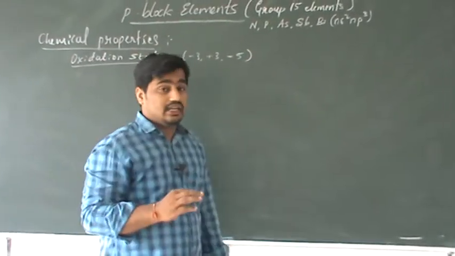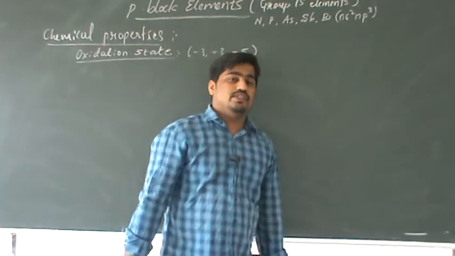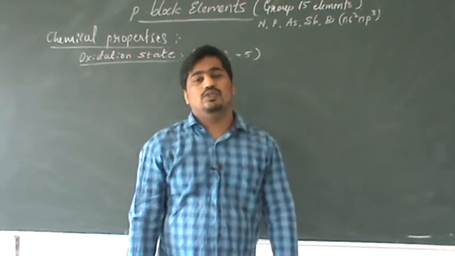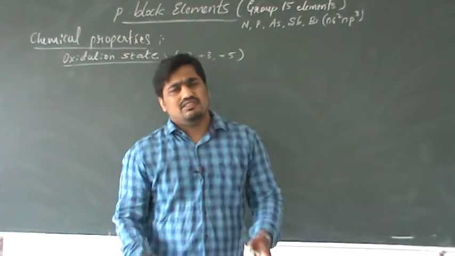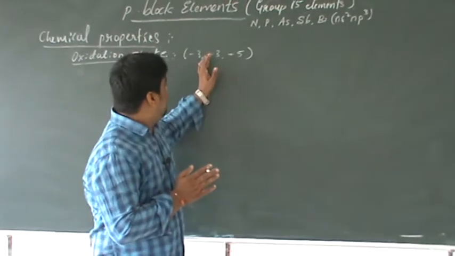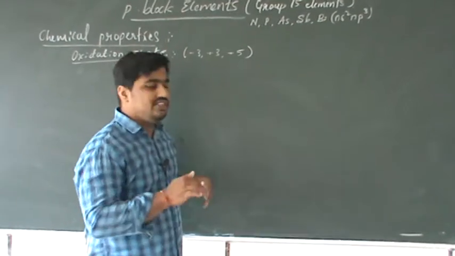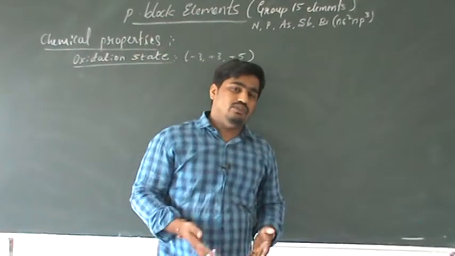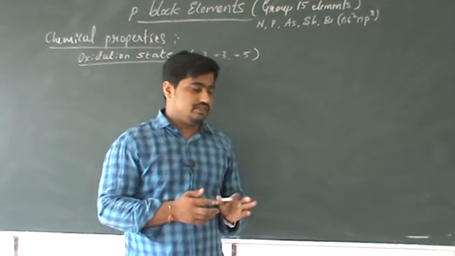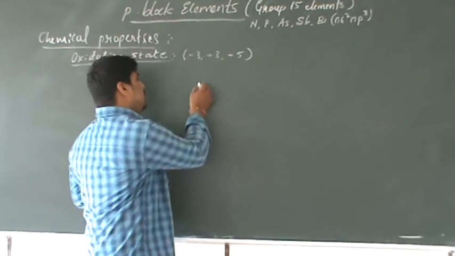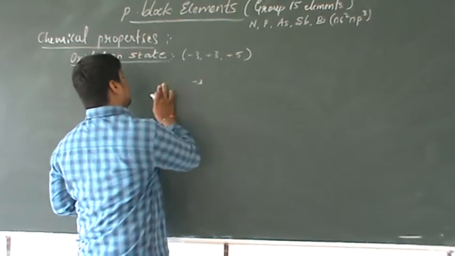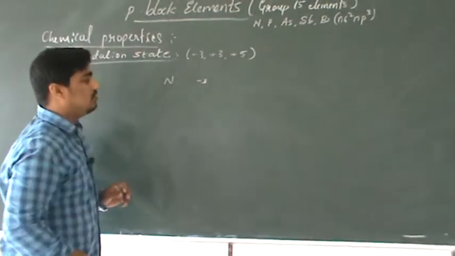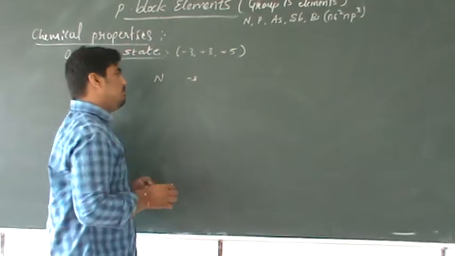These 3 are the common oxidation states of the 15th group elements, and this behaves differently when you move down the group. What happens? The -3 oxidation state is more stable in the case of nitrogen.